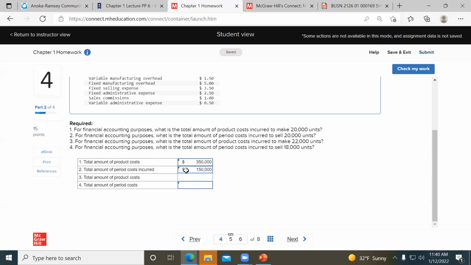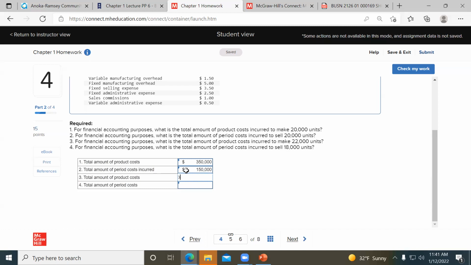Total amount of product costs: direct materials, direct labor, variable factory overhead is 1,250 times 22,000. It says, what is the total amount of product costs incurred to make 22,000 units? And then we've got fixed manufacturing overhead at 100,000.